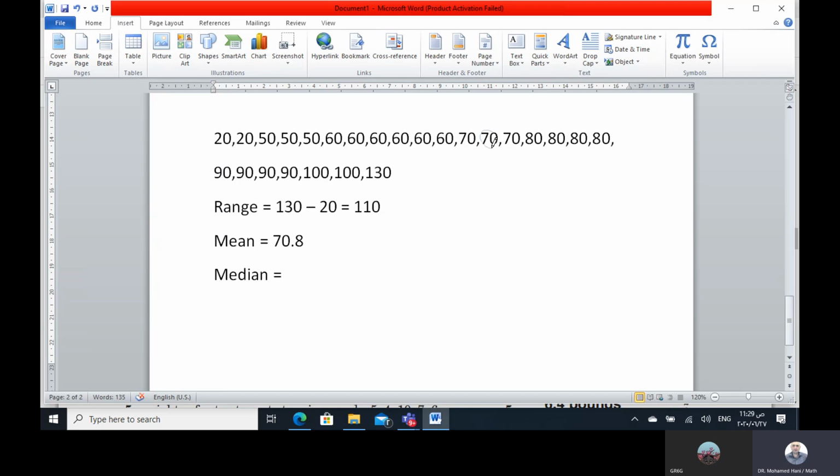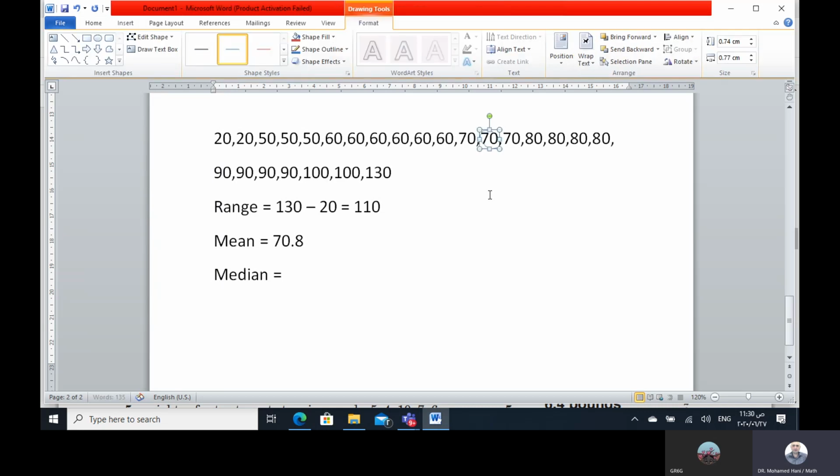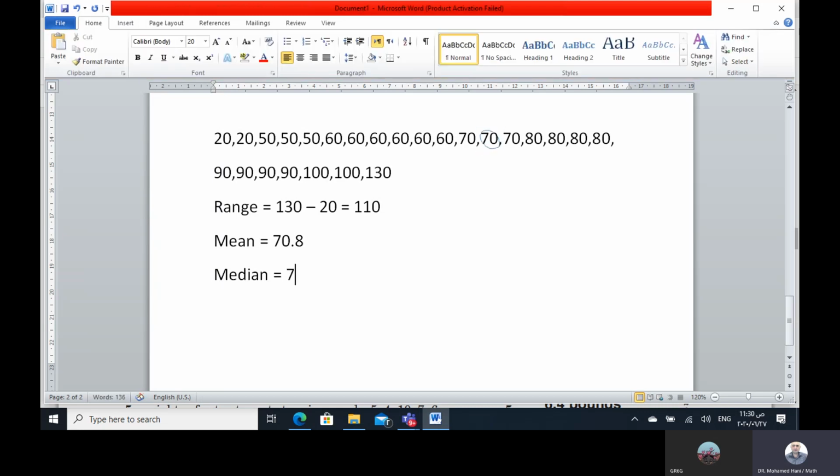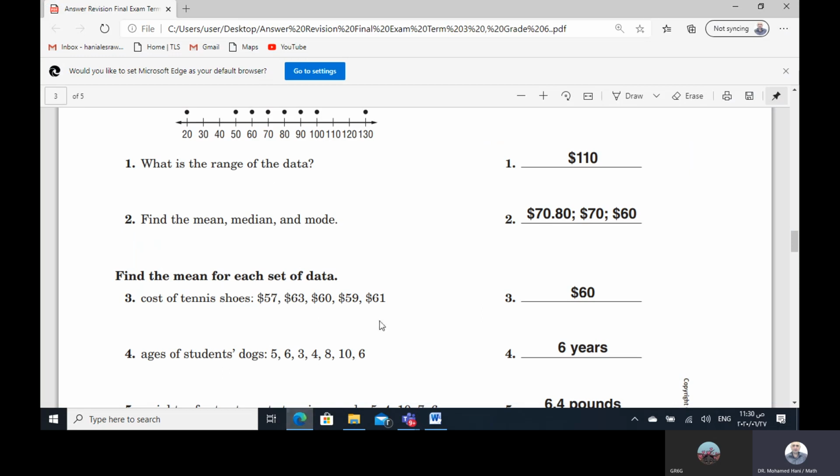So the median will be here, 70. And the most repeated number, as you see, is 60, repeated 6 times. So the mode will be 60. Okay. This is the line plot.